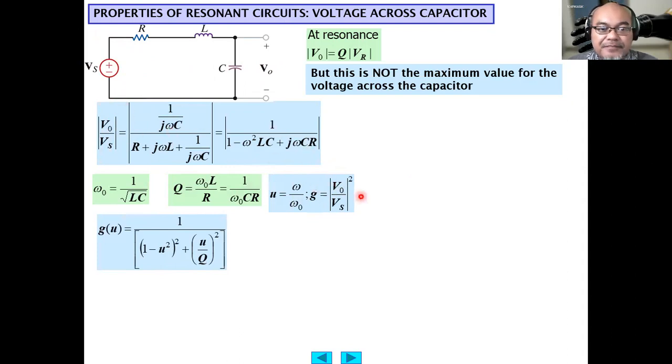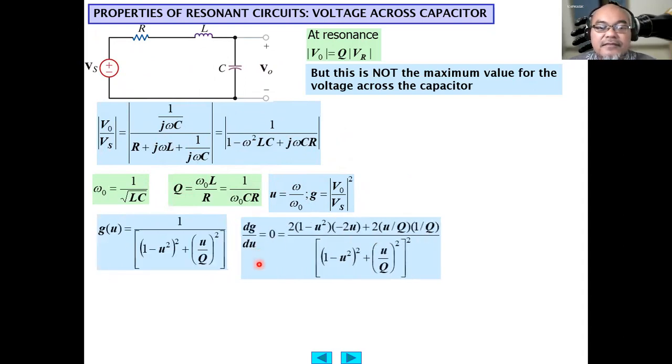Okay, if we square this formula, this becomes 1 over (1 minus U squared) squared, where U is omega over omega 0, plus (U over Q) squared. And the derivative of G over U, which is the gradient, when this is maximum, is where we want to find the maximum voltage across this capacitor as a function of frequency.